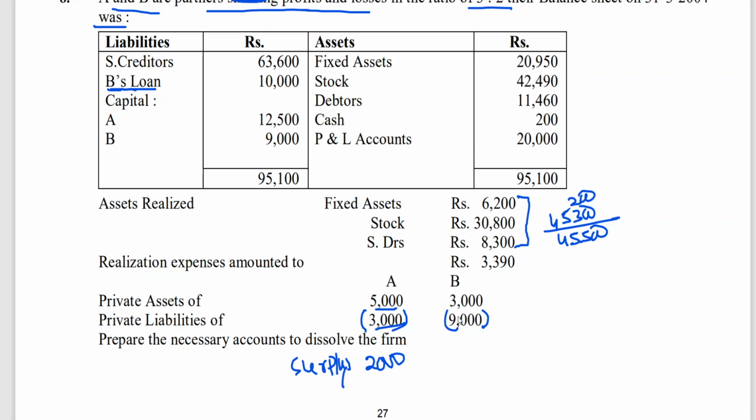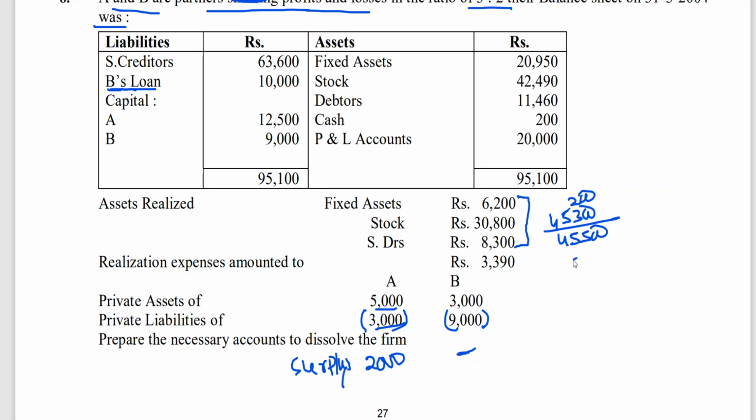His private assets 3,000, private liabilities 9,000. So he can't bring, no surplus. His private assets are not sufficient to pay his private liabilities. So where is the question of bringing private assets to clear the amount which is due by him to partnership firm? So only surplus is 2,000.